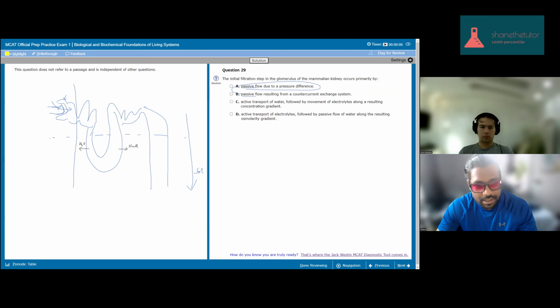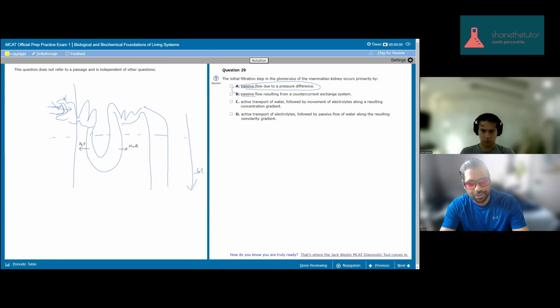Now, this is a high solute concentration region, so the salts should not be coming into it, right? So it goes against its concentration gradient, and that is an example of active transport.